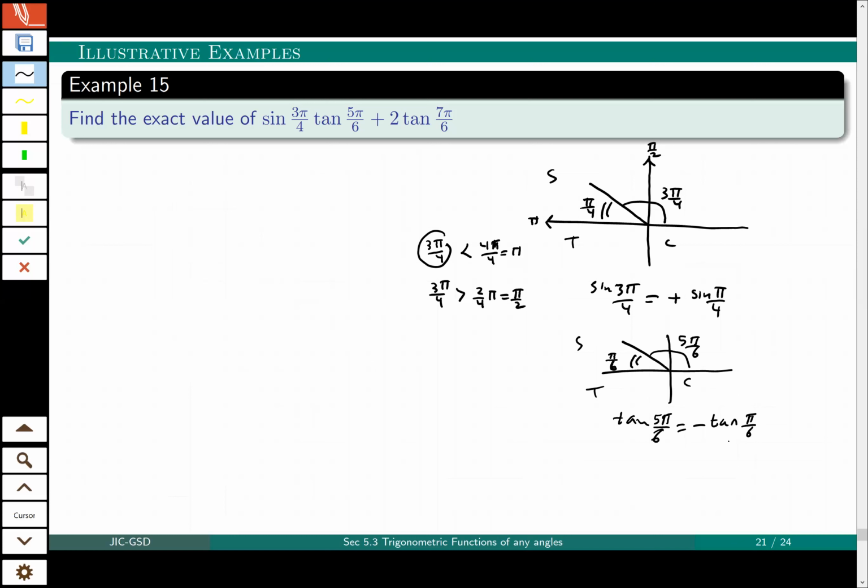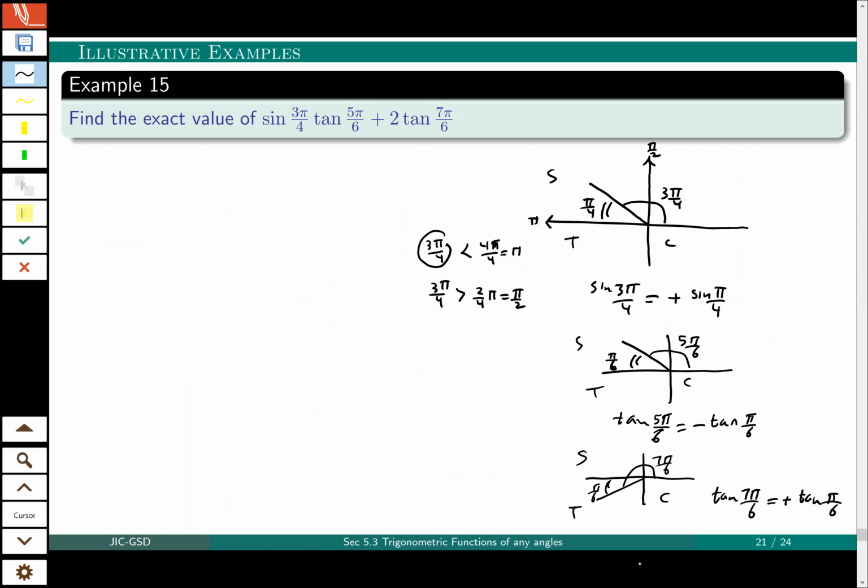Now, 7 pi over 6, guys. 7 over 6 is more than 6 over 6, meaning more than pi. This is 7 pi over 6, so the reference angle has to be pi over 6. And STC means tan is positive in this quadrant. So tan 7 pi over 6 is positive tan pi over 6.